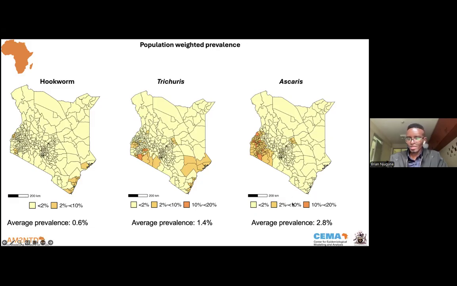And then for Ascaris, also the highest we had was prevalence between 10 to 20%. Then on a national level, Hookworm was around 0.6%, Trichuris at 1.4%, and Ascaris at 2.8%, which means that Ascaris was the most prevalent and it was most prevalent in the western region.